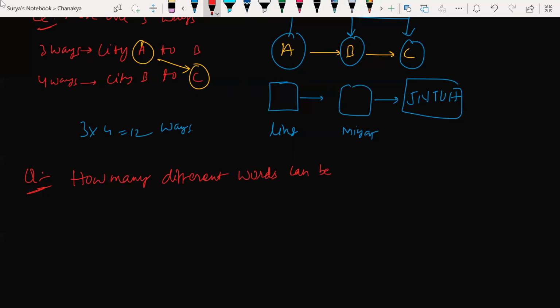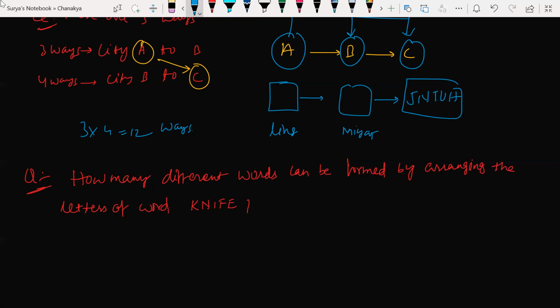Okay? How many different words can be formed by arranging the letters of the word knife? ठीक है? Guys, these are the standard questions.